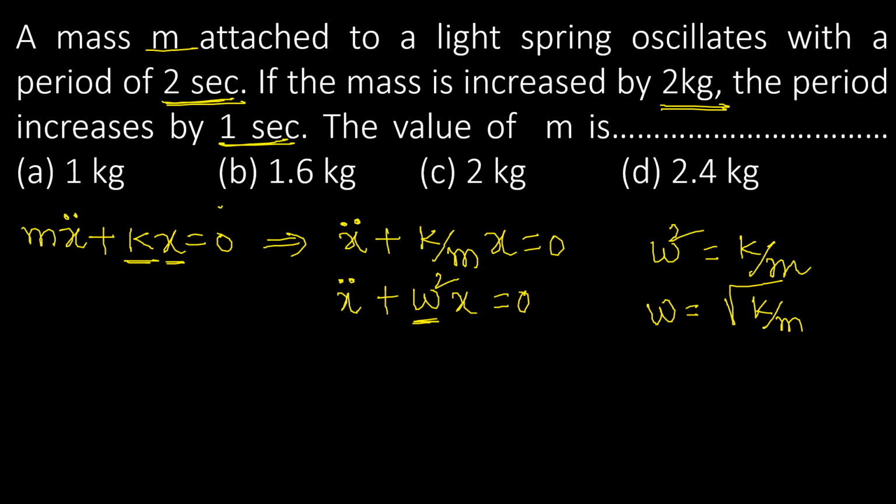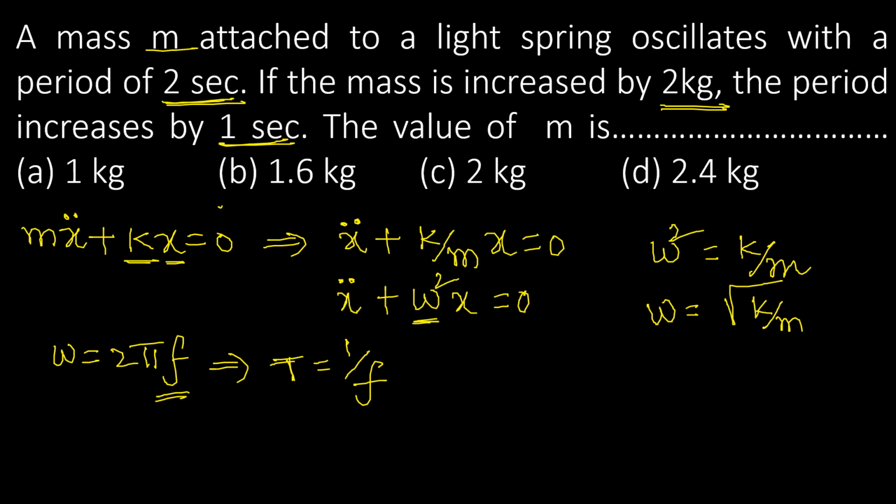Now, we know the natural frequency of the system f is related to omega by the following relation: omega equals to 2 pi f. We also know the time period t of the system is related to the natural frequency f by the following relationship, t equals to 1 by f.